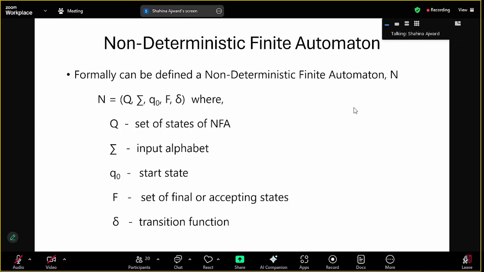Similarly, we can define the non-deterministic finite automaton also. We have the same set of tuples: Q for the set of states, sigma for the input alphabet, Q0 for the start state, the final states, and the transition function.